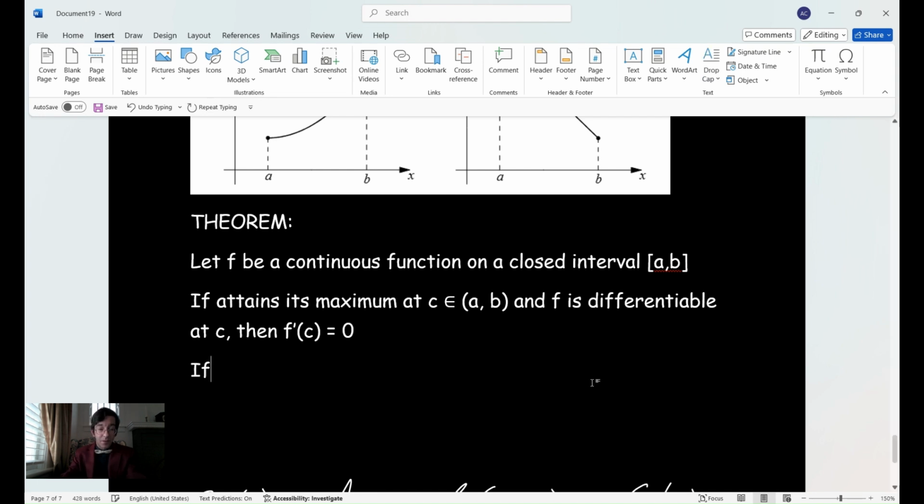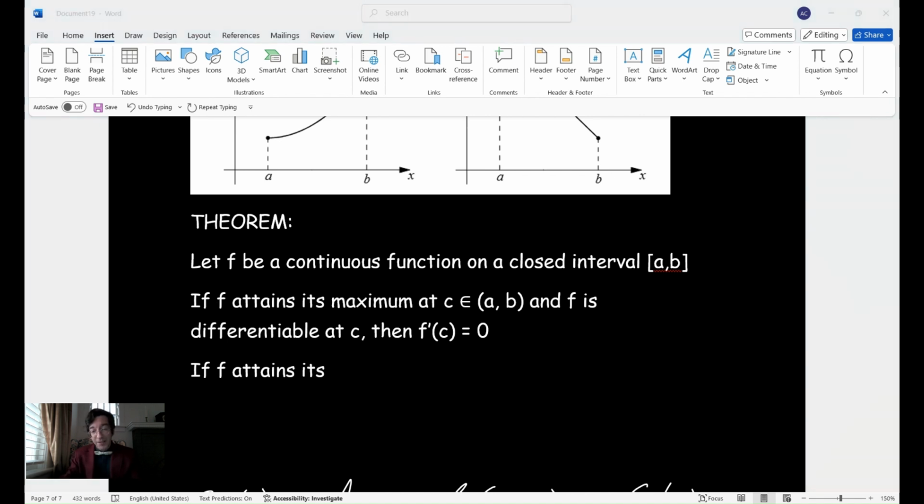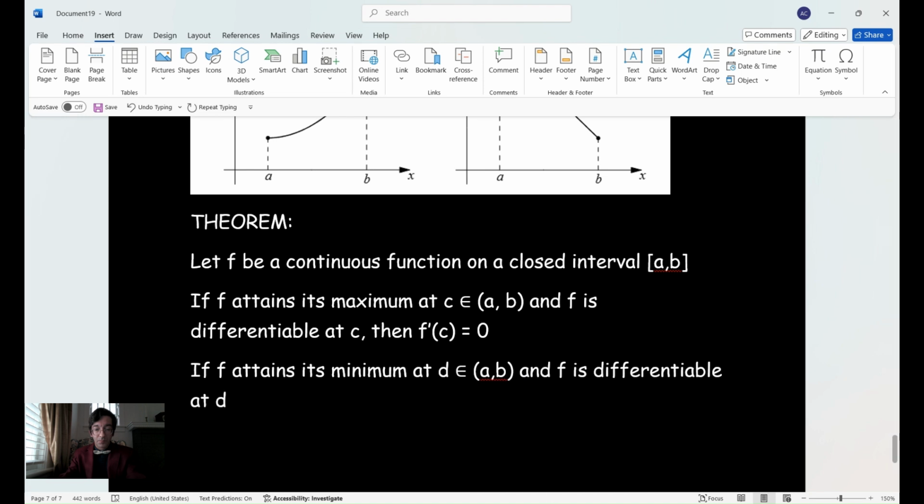Likewise, if f attains a minimum, same thing, but instead of at C, we'll just say at D. Then the derivative at that point is equal to 0. Then f prime of D is equal to 0, all right?